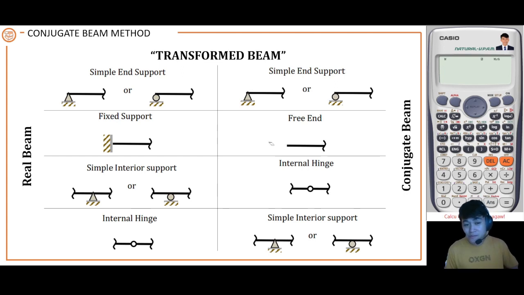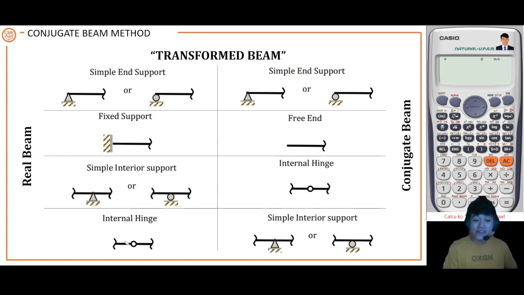in the conjugate beam. Now, for a hinge and roller support which can be found in the middle span, or an interior support, if you convert that into a conjugate beam, it will be an internal hinge.